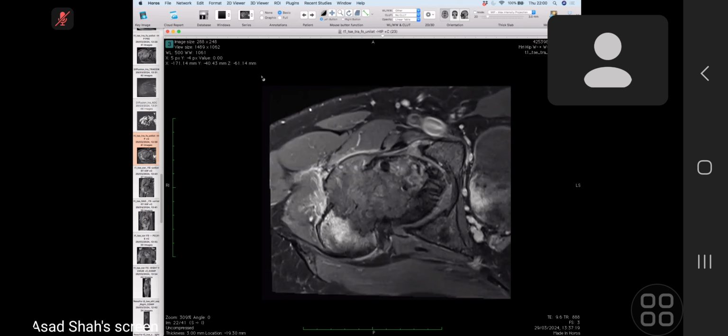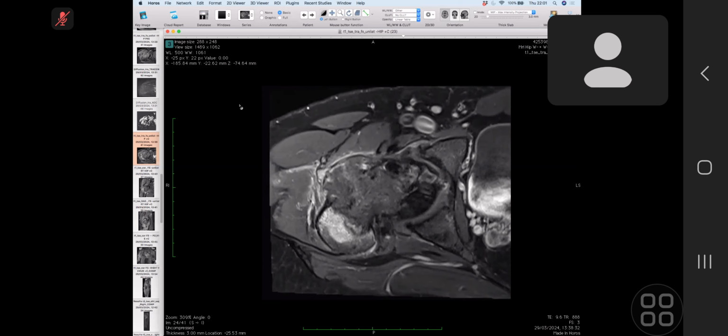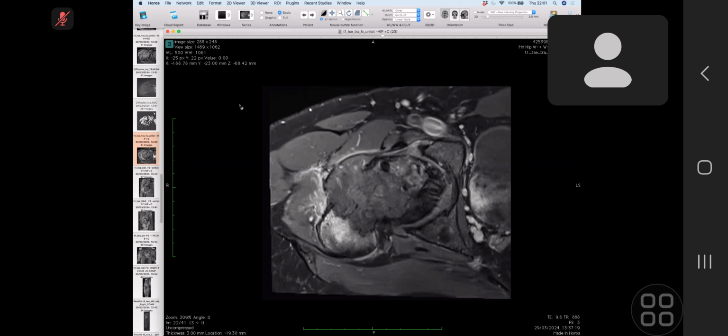Besides that, I'll also discuss the possibility of referring the patient to a bone center for possible biopsy if required. Okay, good.